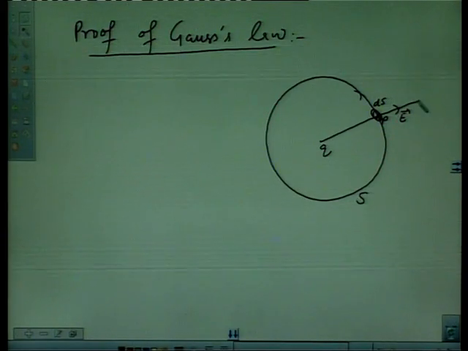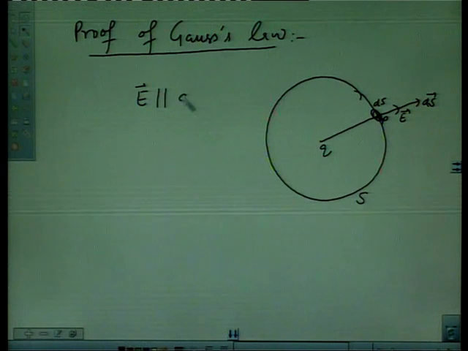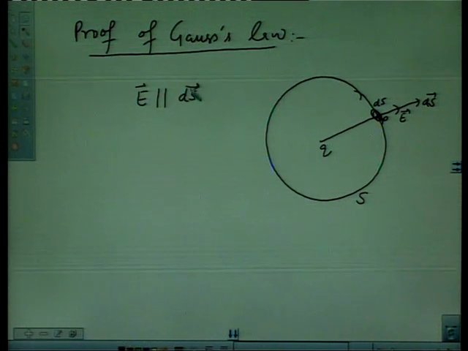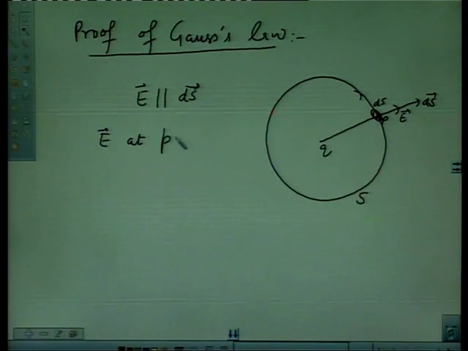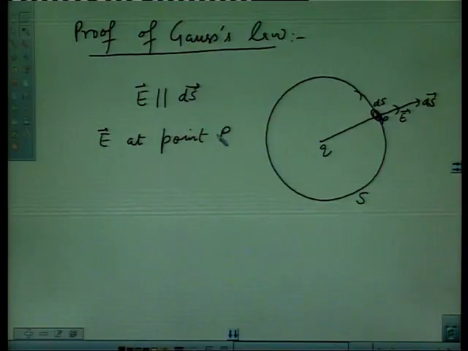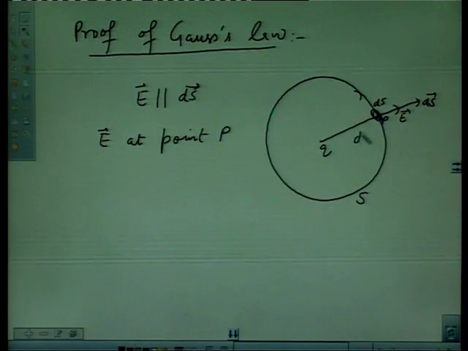The direction of ds vector is outward, in the same direction as that of E vector. In this case, E vector is parallel to ds vector. Firstly, we will take the electric field at point P. The distance of this point P from the charge q is d.